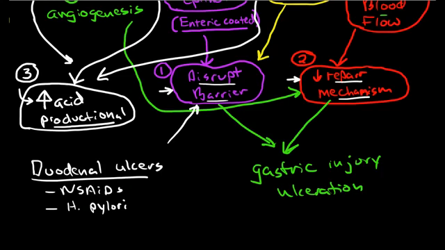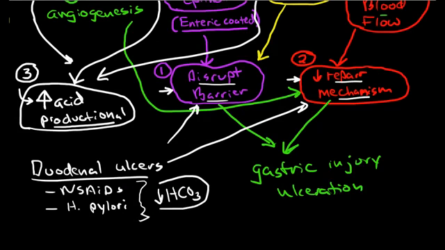Disruptions of the barrier. The duodenum also has significant repair mechanisms because it's exposed to acid and pepsinogen as well. But it also involves some disruptions in the endocrine system that controls gastric hormones, and also causes decreased bicarb secretion by the pancreas, and that significantly contributes to duodenal ulcers.